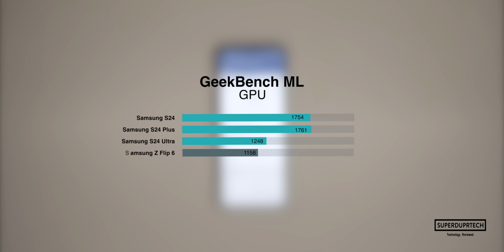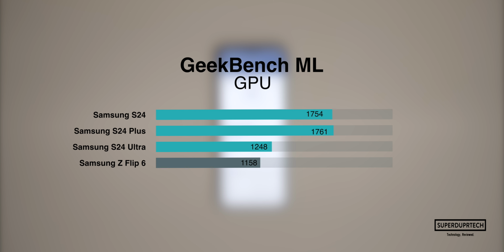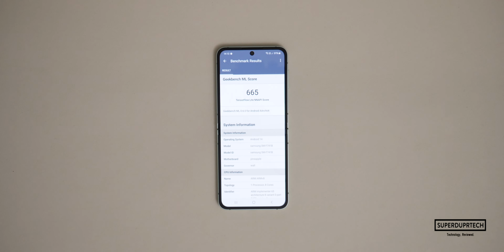And I think once again the most interesting thing to take note of is when testing using the GPU, despite these phones having the exact same chip inside, the S24 managed to pull a score of 1,754 compared to the 1,158 of the Z Flip 6.